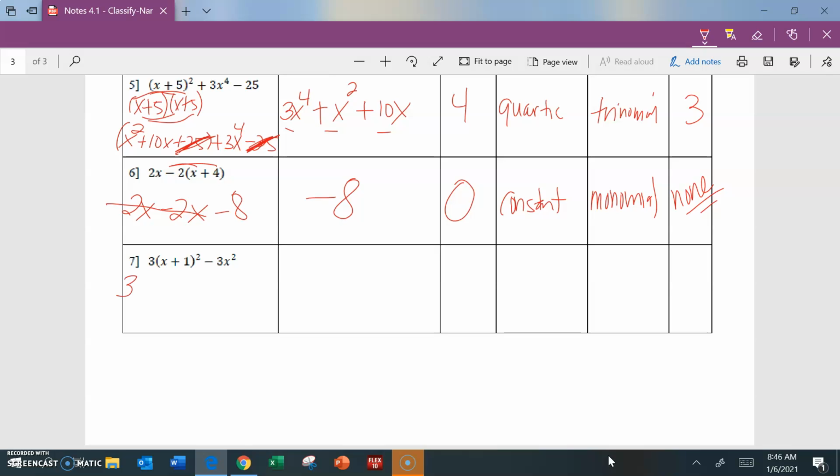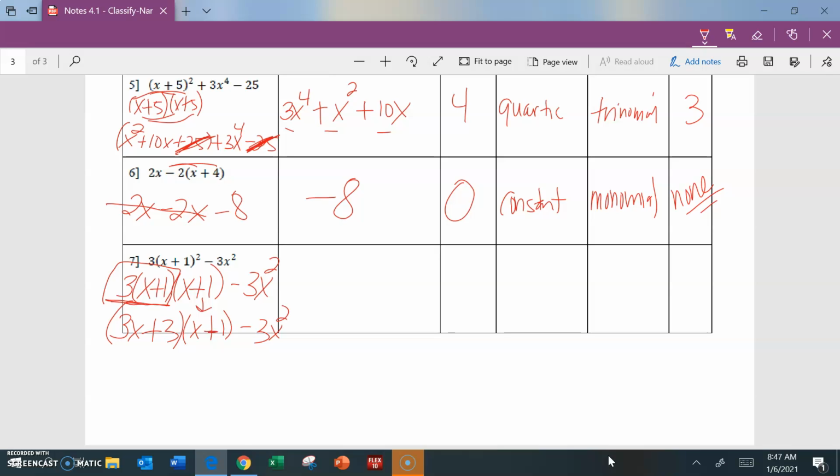I'm going to write this out and what it means. And I will do this one all the way with you. So the first thing I'm going to do is I'm going to multiply these two together. So I'm going to get 3x plus 3. Now that I did that, I'm going to bring this binomial down, and then this other term.